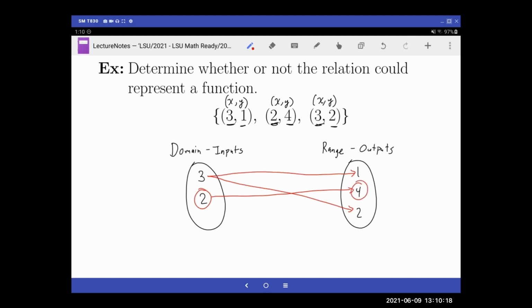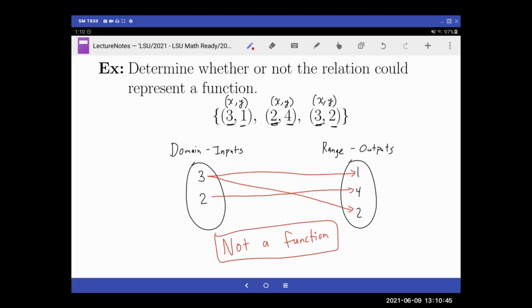You always get the same value no matter what. But look what happened with 3. If I plug in 3, there's 2 potential options here. I could get a 1. I could get a 2, right? And so this is not a good function. And actually, it's not a function at all. It fails the function definition. So this is not a function. It does not meet that definition.